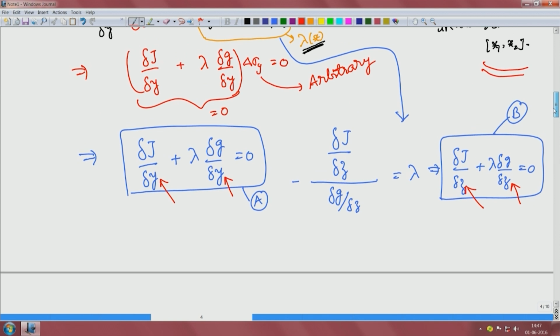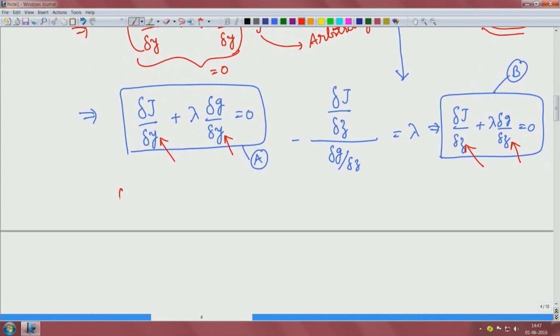That also tells us that if we were to add to the Lagrangian, whatever we had from x1 to x2, I had f, right. To that f, I can now add lambda times g, if I define it like this. Now, if I write the variational derivative of this with respect to y, I get one equation, because now we have extremization of the Lagrangian.